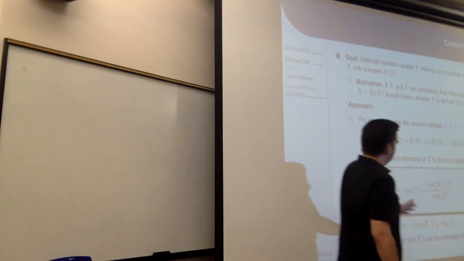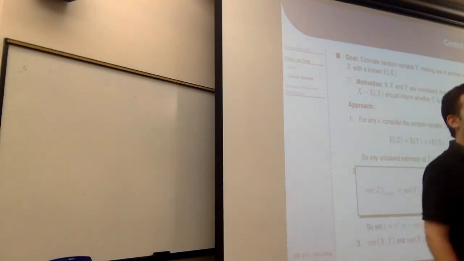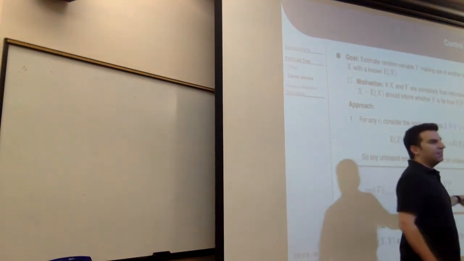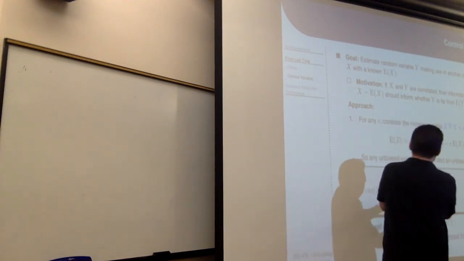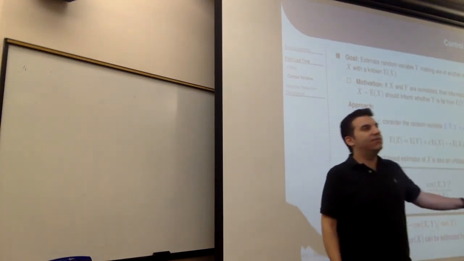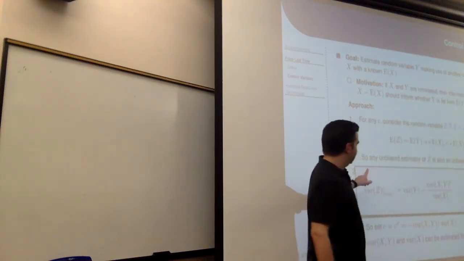But if it turns out that the daily temperature does correlate positively or negatively with my output, then this will actually reduce the variance in Z relative to the variance in Y. So now, instead of estimating Y, I estimate Z.